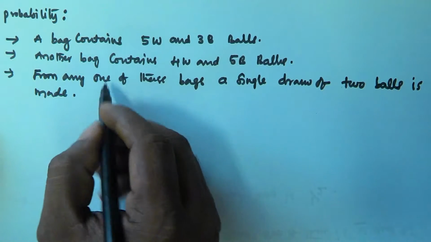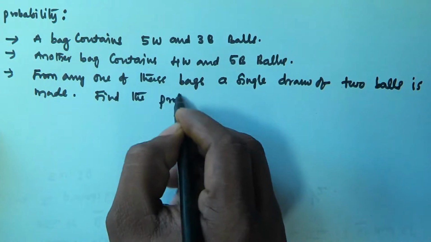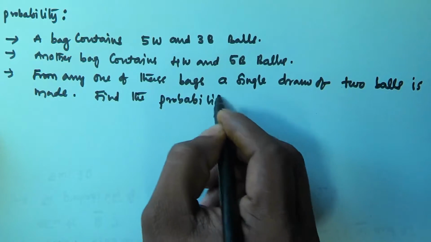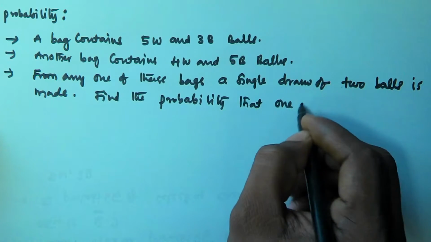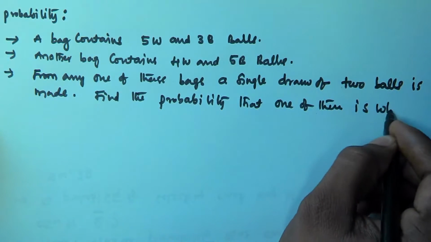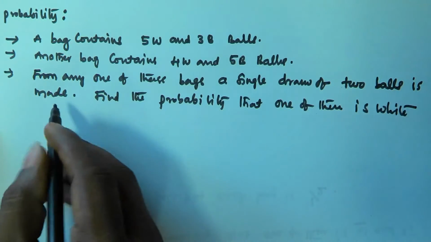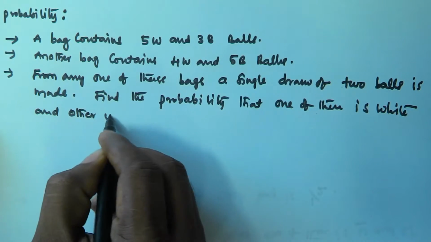So then we have to find the probability that one of them is white and the other is black.